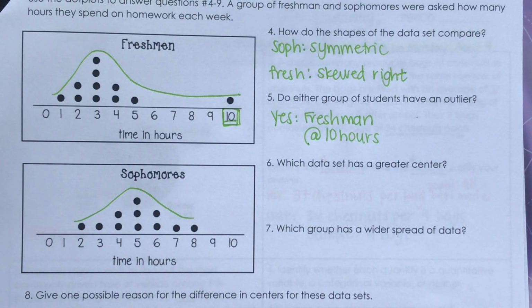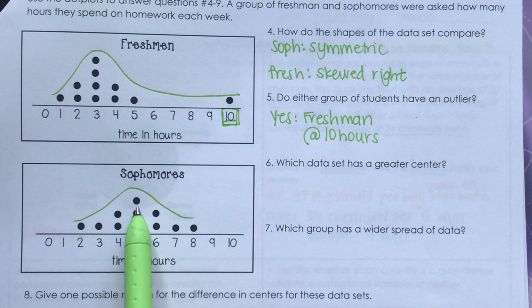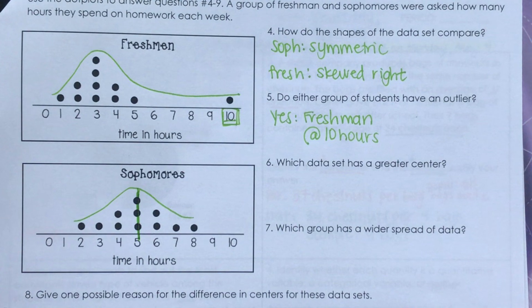Which data set has the greater center? So if we're looking at center, if it is symmetric, we're going to look at the mean. So for the sophomores, the mean is right in the center here. It's at 5.